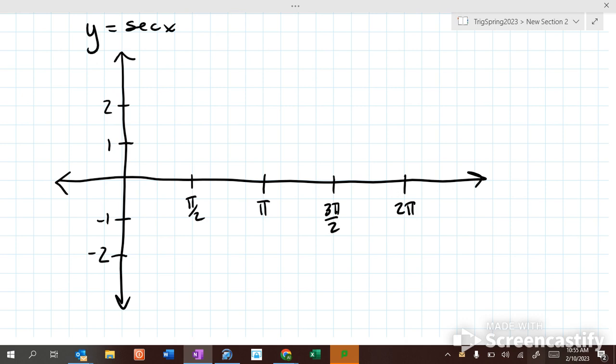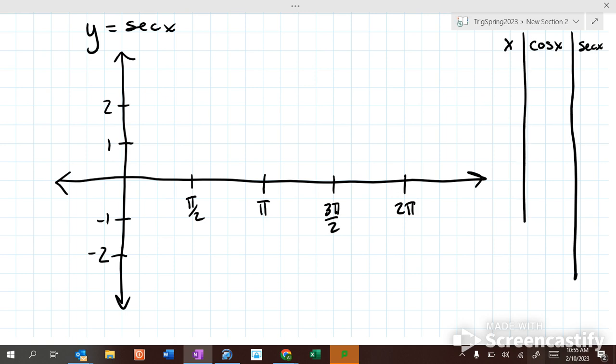All right. So, x, the reciprocal is a cosine of x. Then we have the secant of x. You will not have to write out XY charts for these. Okay? After we do enough of these, you'll get the concept and it won't be that bad.